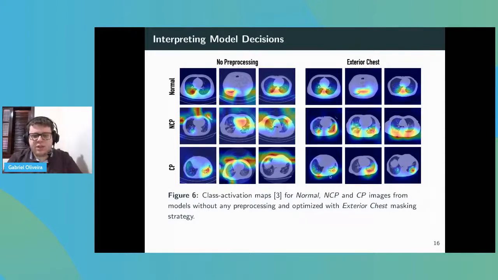This occurs with the exterior chest, where we can see that the model is paying attention to the parts of the lungs and the chest of the patient. So with GradCAM, we can see that our model with exterior chest is paying attention to the correct part of the image.